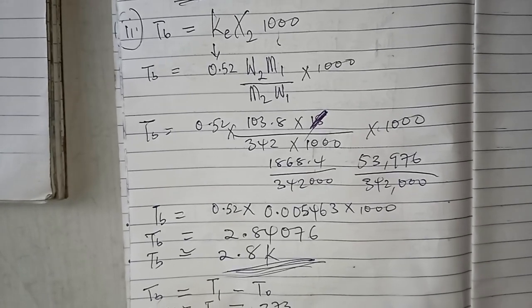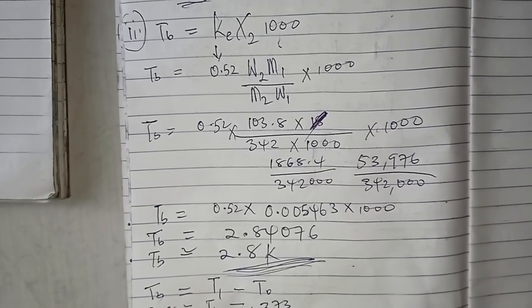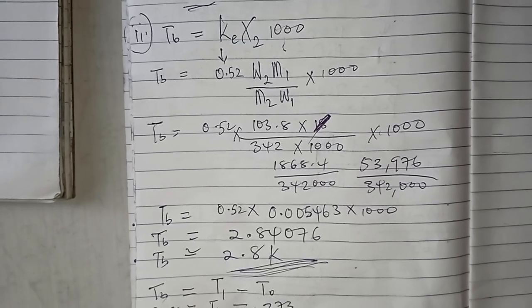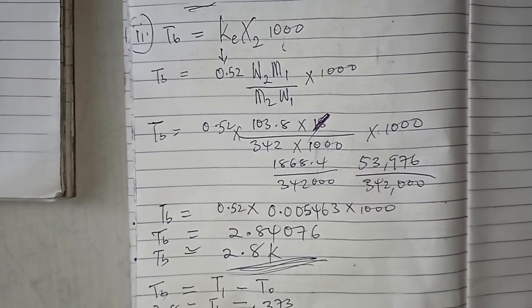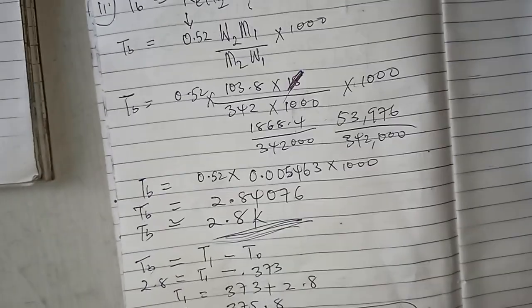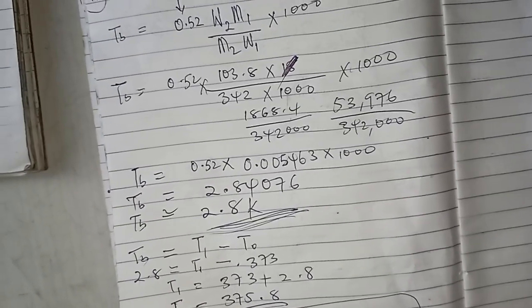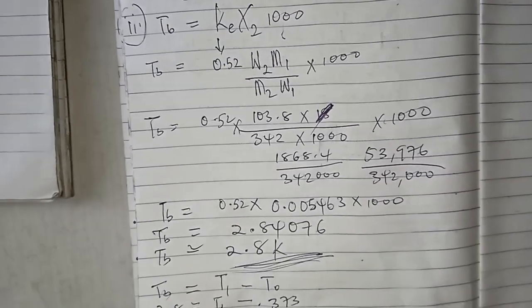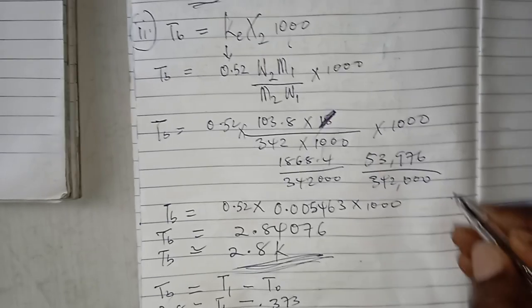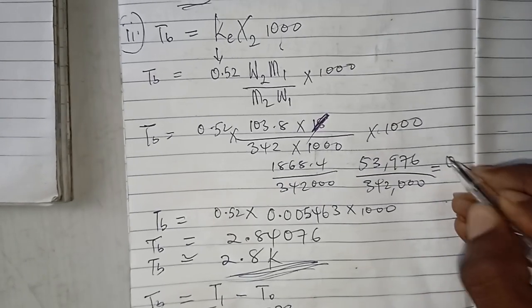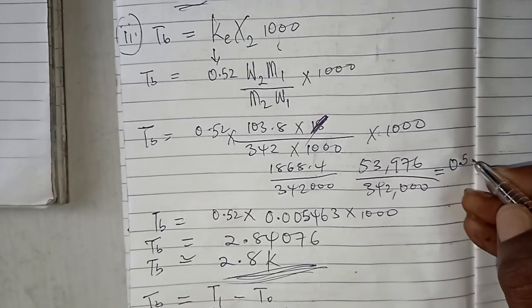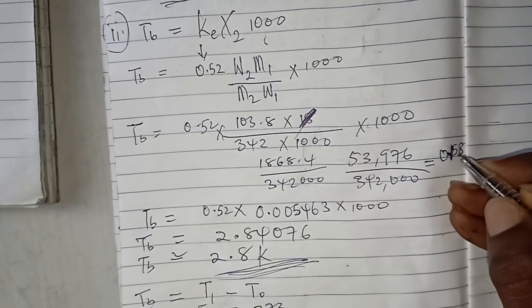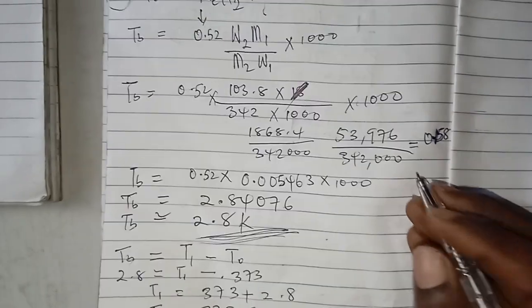So 53,976 divided by 342,000. I'm getting 0.157. So I get approximately 0.158 as the TB.